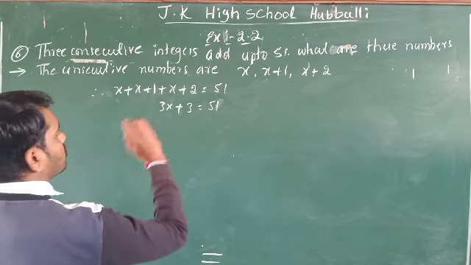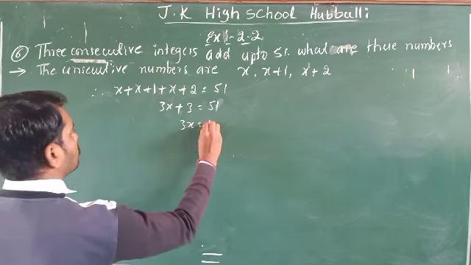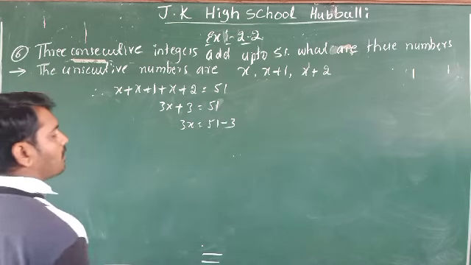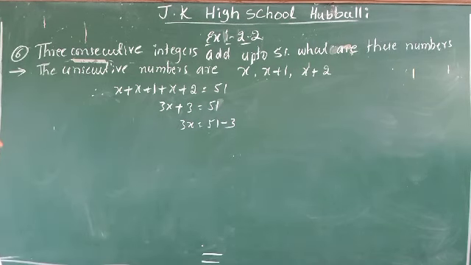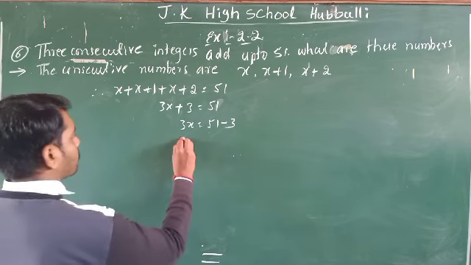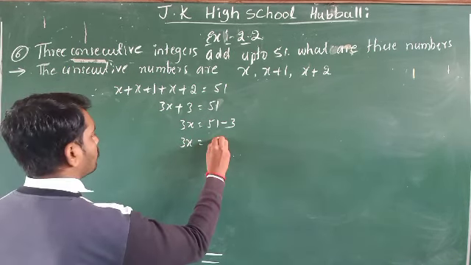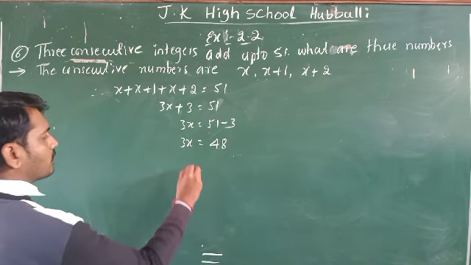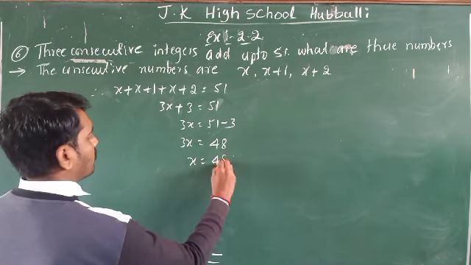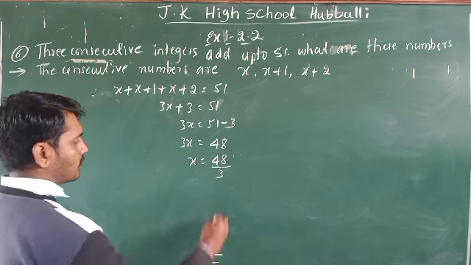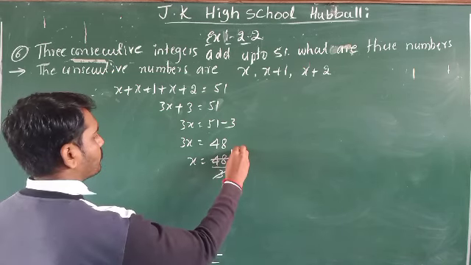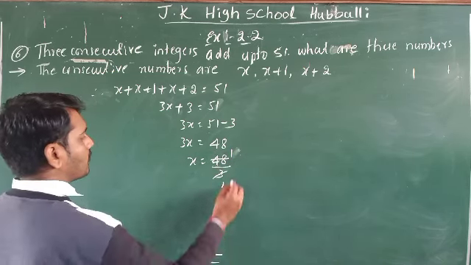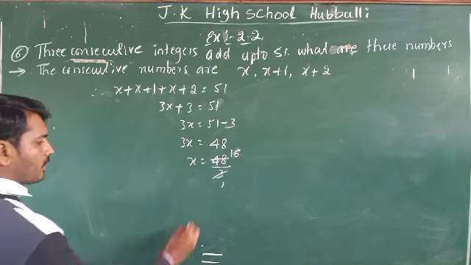Next term, 1 plus 2 is 3, so 3x is equal to 51 minus 3. Correct? Next term, 51 minus 3 means 3x is equal to 48. x is equal to 48 divided by 3. 3 ones are 3, remaining 18. 3 sixes are 18.